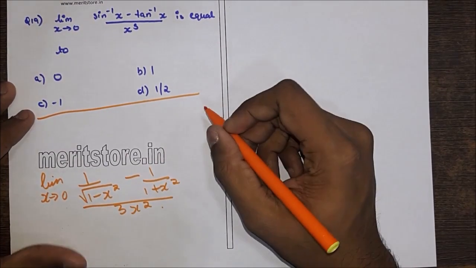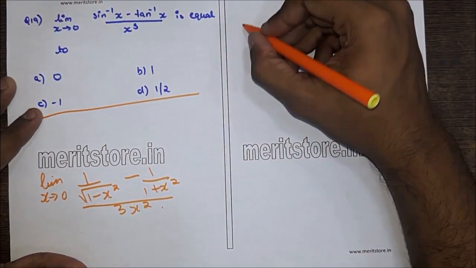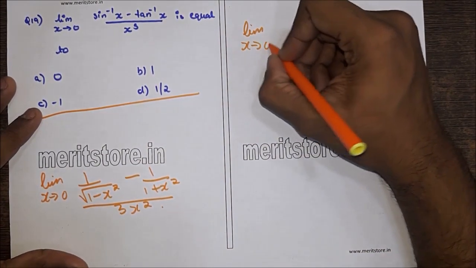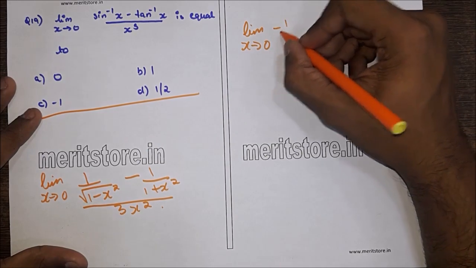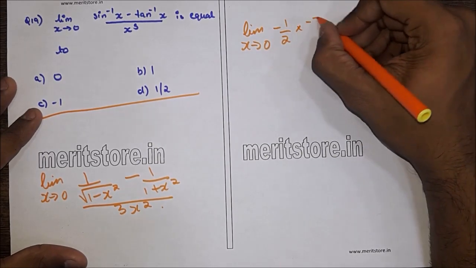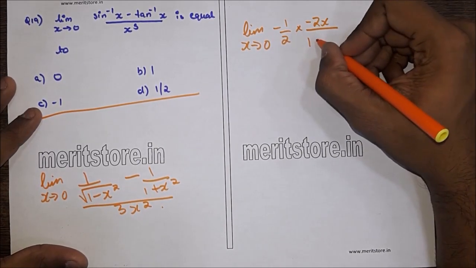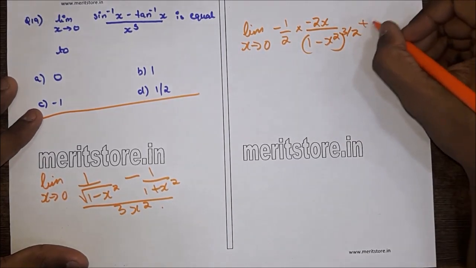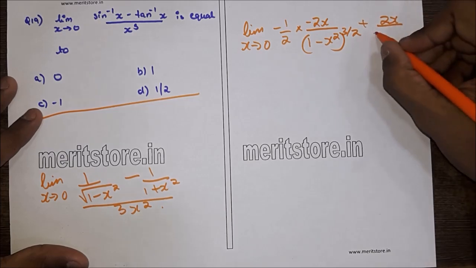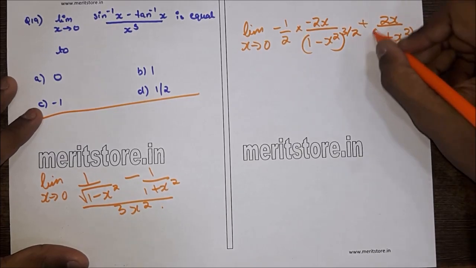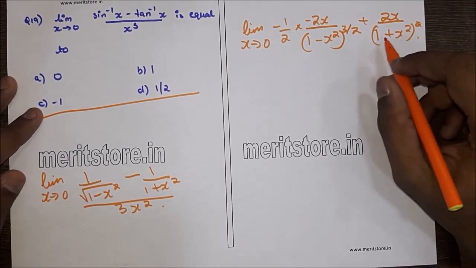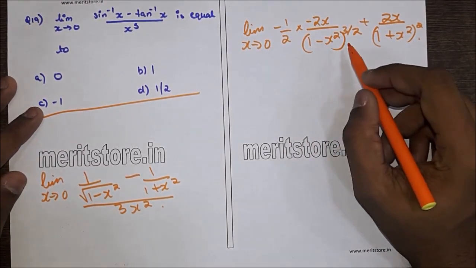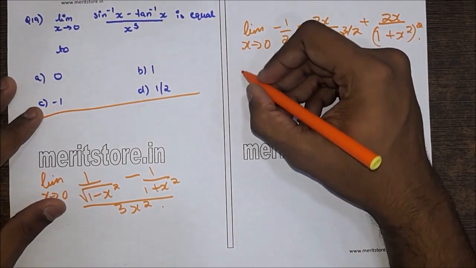Now this too is in 0 by 0 form, and therefore we could write it as limit of x tends to 0 into minus 1 by 2 into minus 2x by 1 minus x square raised to 3 by 2 plus 2x by 1 plus x square the whole square. We adjust the terms so that the limit can be applied individually and we could solve it easier.